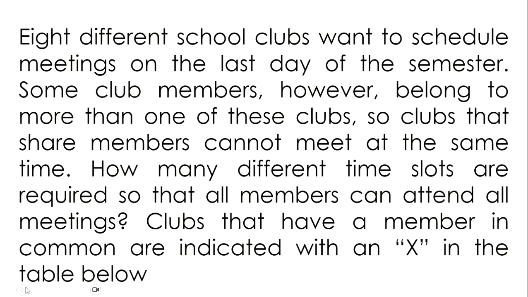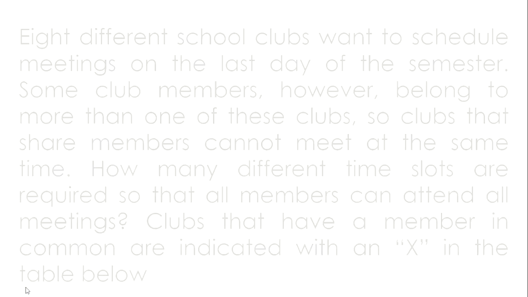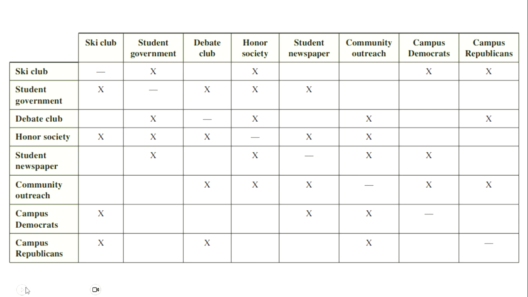Okay, clubs that have a member in common are indicated with an X in the table in the next slide. So if there's an X, it means that they share a common member. Okay, so we'll have this. Ski Club shares a common member with student government, honor society, campus Democrats, and campus Republicans.